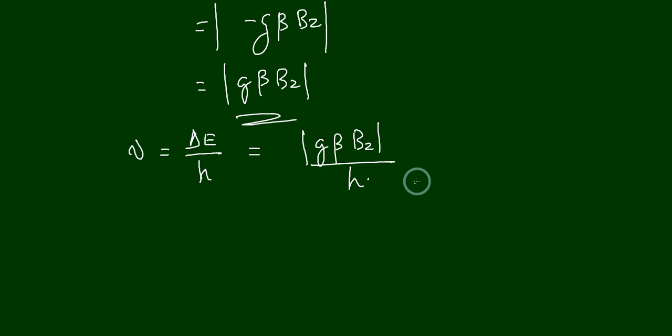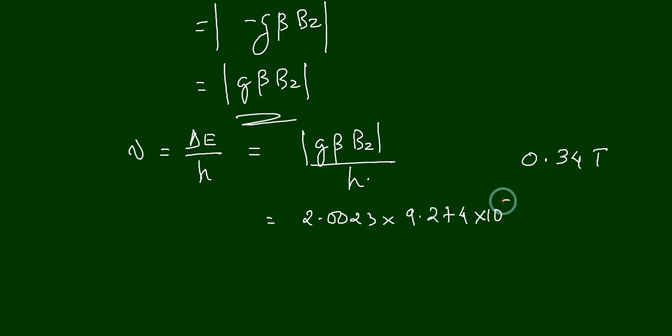If we are calculating this frequency, let us operate this experiment at around 0.34 Tesla, and we can calculate what this frequency is at 0.34 Tesla. That is equal to G. G in the case of a free electron is 2.0023 into beta. The beta value is 9.274 into 10 raised to minus 24 joules per Tesla, into Bz.